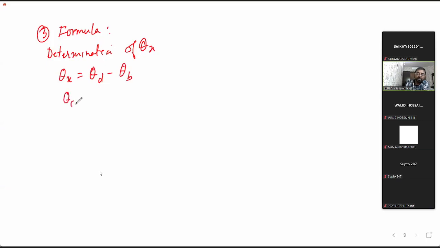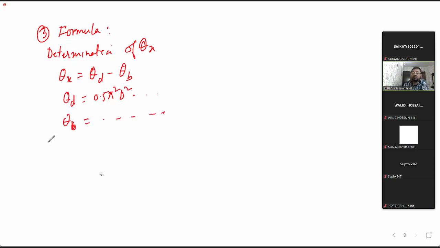So for QD, you will write the formula 0.5 pi square D square and whatever may be. Then we shall write the QB. We shall see all the parameters are there. Now I think all the parameters are there. Then for QB, you will write the formula. So that is for Qx.